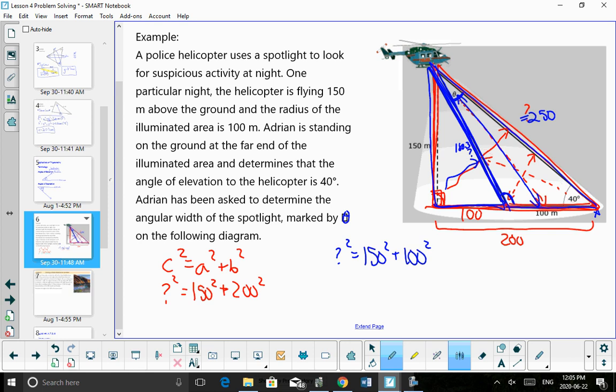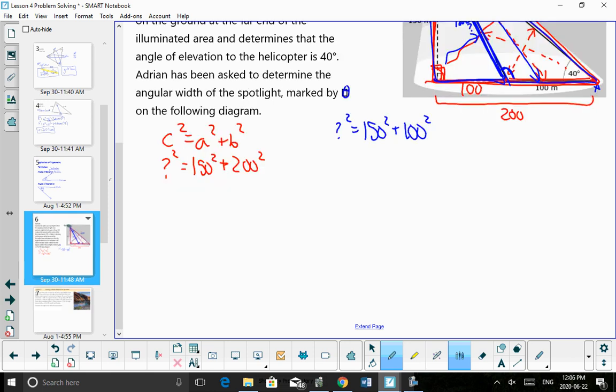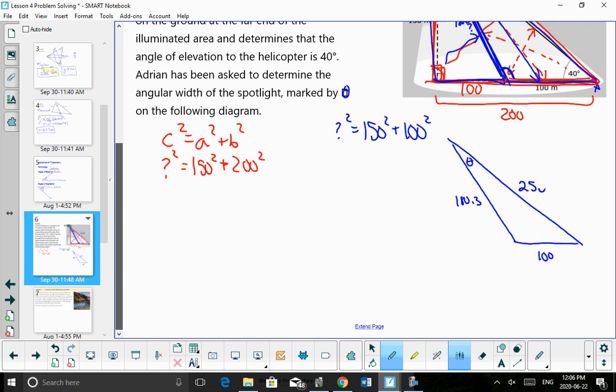Now if I'm going to just redraw this one triangle here, this is what I'm looking for, and I know this is 100. I know this is 180.3, and I know this one is, what was that one there? 250. So there's my half match. I'm going to use cosine law, looking for the angle.